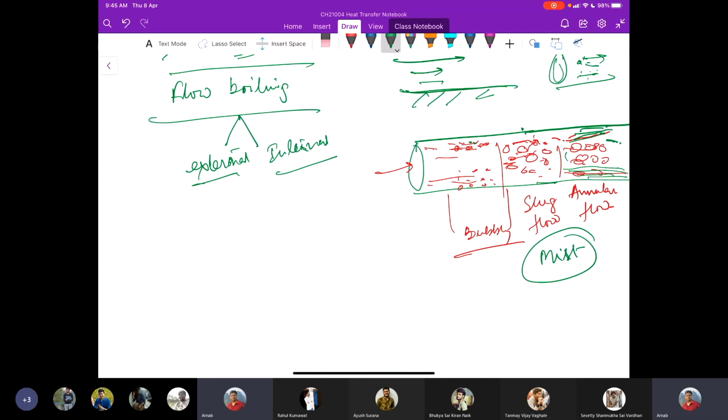So what was initially a continuous phase consisting of liquid has now become a dispersed phase in the continuous phase of vapor. So there is a complete inversion of the flow regime from initially bubbly flow, where you have bubbles inside liquid, to liquid droplets inside a vapor.